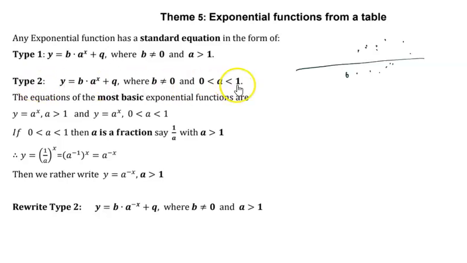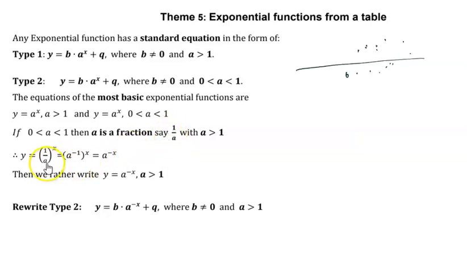For type 2 we have fractions in between. If a is larger than 0, less than 1, then we have a fraction. So for instance, if a is a fraction, then we can write it as 1 over a, where a is still greater than 1, like in type 1.